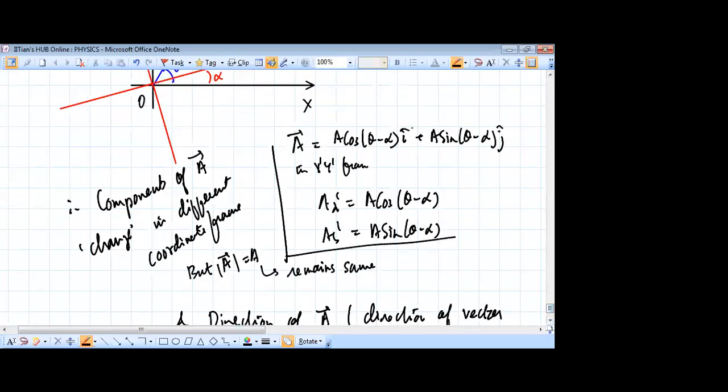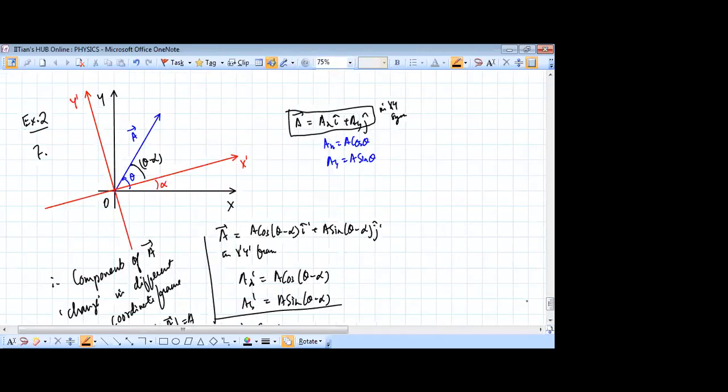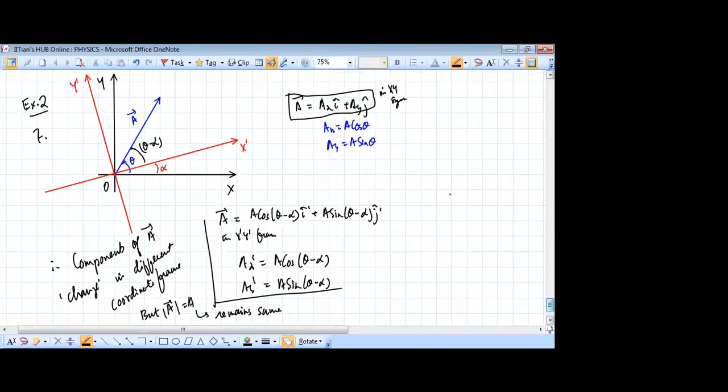Where also these unit vectors are different. This is i cap prime and j cap prime, which is along the x prime and the y prime axis. Whereas i and j were along the x axis and the y axis. So this is how we express it in the xy frame. And this is how we express it in the x prime y prime frame.